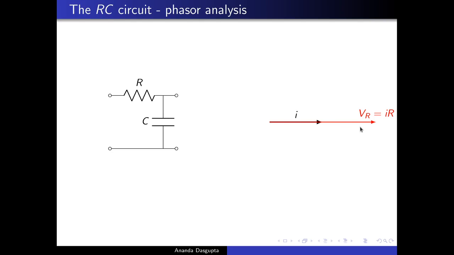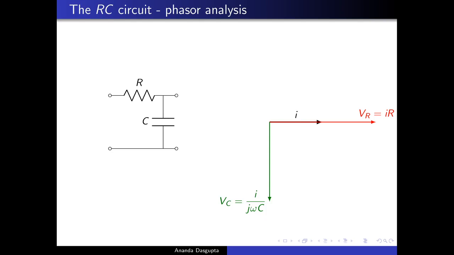What about the Vc? Vc is I, the current, divided by j omega C. Now, because j, the square root of minus 1, has a phase of pi by 2, j, remember, is exactly e to the j pi by 2. Division by j essentially means it's rotating the thing by pi by 2. I'm pretty sure most of you remember this. If you multiply a complex number z1 by another number z2, what happens to the number z1 or the point representing the number z1 is, first of all, it gets rotated through the phase of z2.